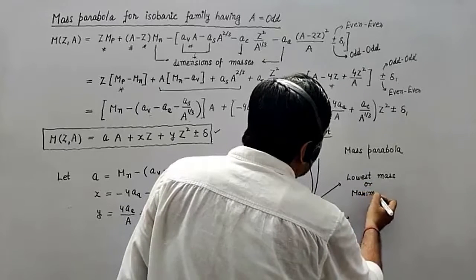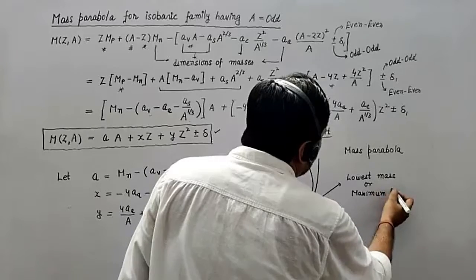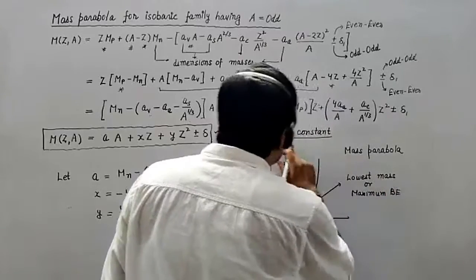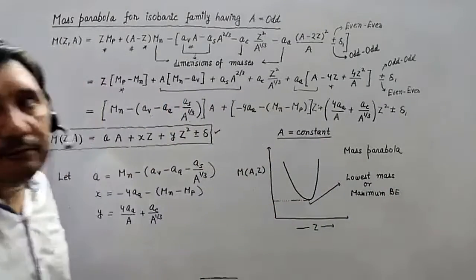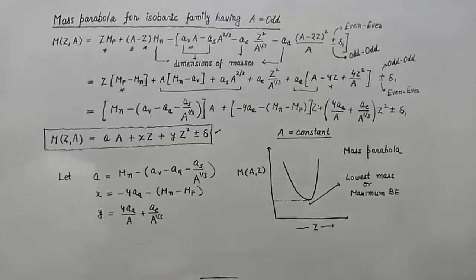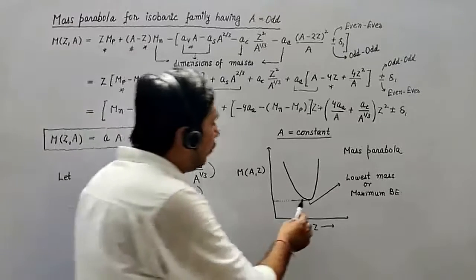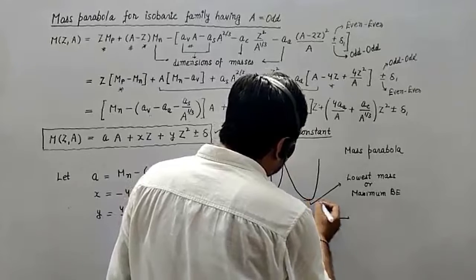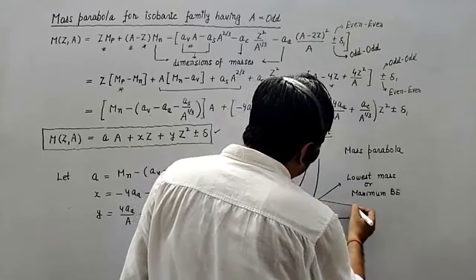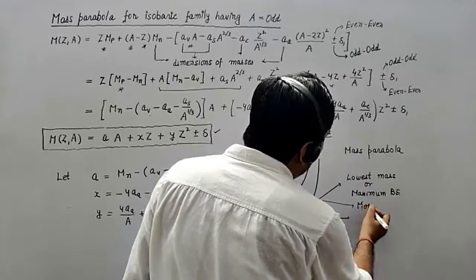The nuclei in this isobaric family corresponding to the dip of this parabola will represent the lowest mass and have the maximum binding energy. So automatically this nuclei will be most stable.